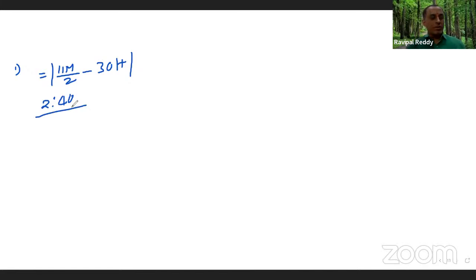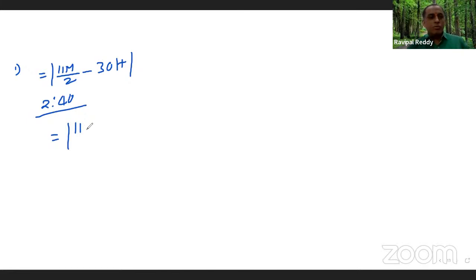So what is the previous question? That is 2:40. Substitute the values. What is the meaning of mod? These two straight lines are known as mod. Mod means the value is always positive.